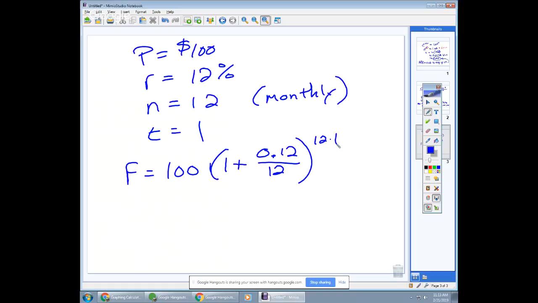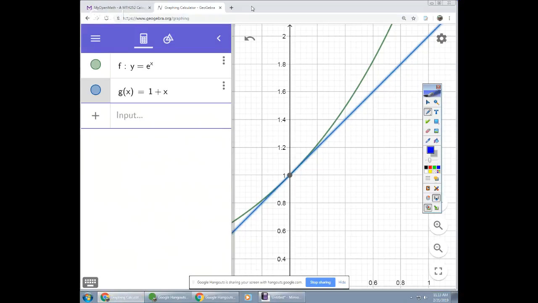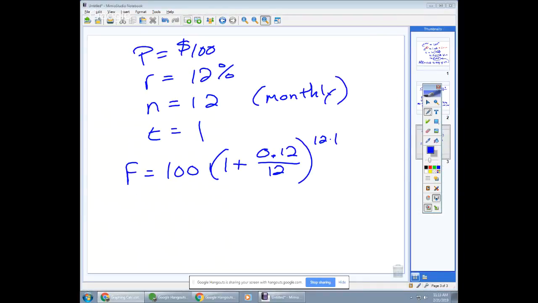All right, what do you get on a calculator? Well, $112.68. So I got an extra 68 cents.